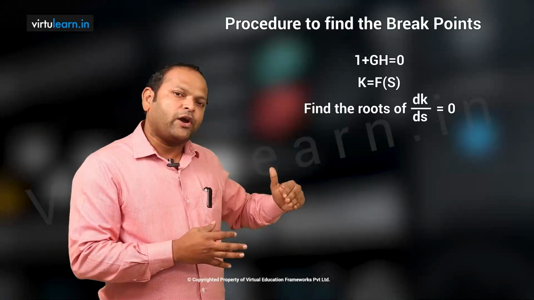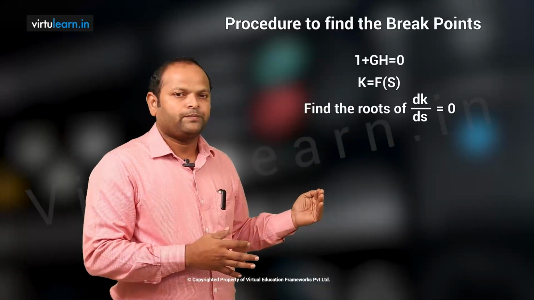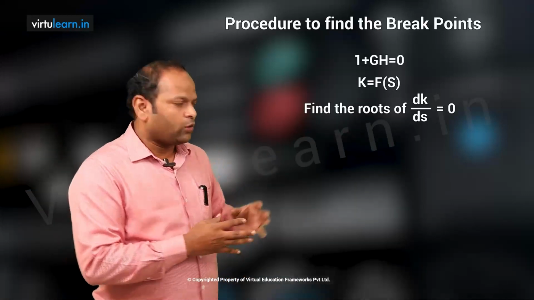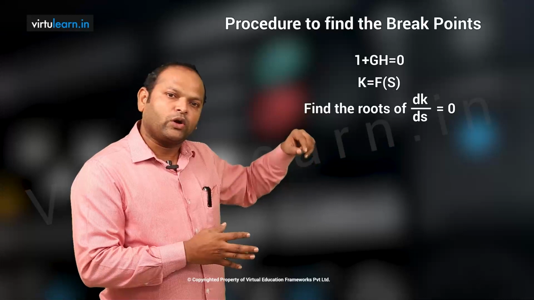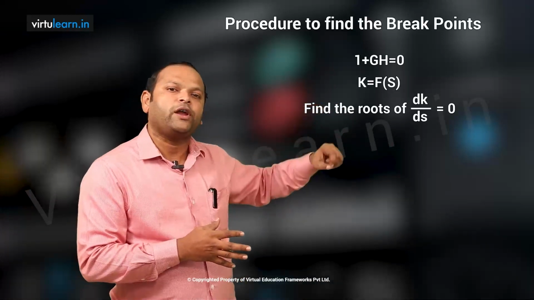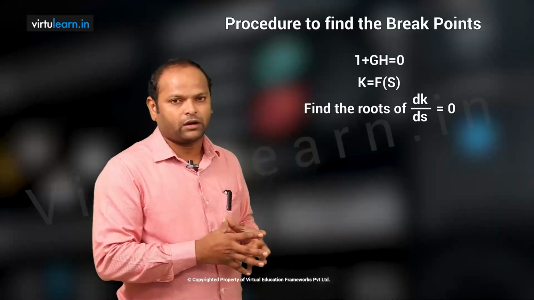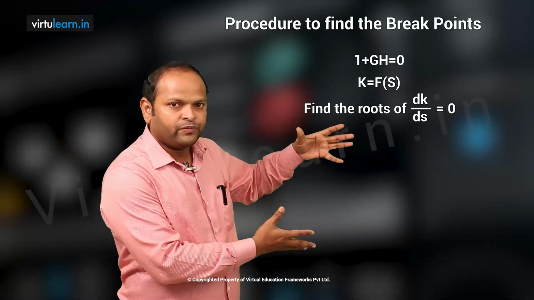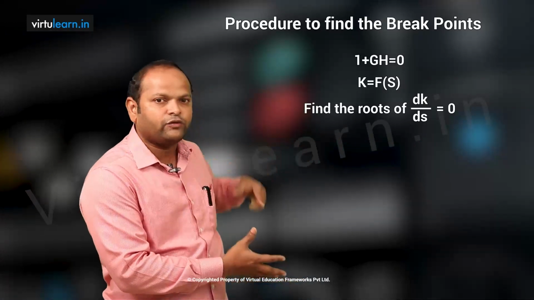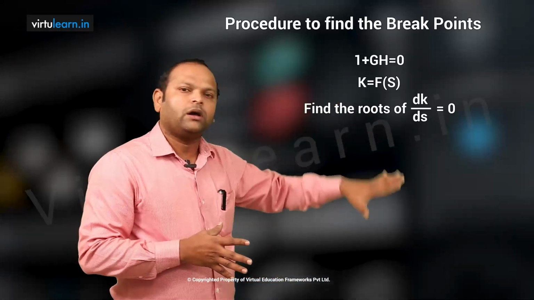If the breakpoints are real points, then it is very easy. Locate the points in the s-plane and see whether that point is on the root locus area or not. For any given problem, first we take the poles and zeros and identify the root locus area on the real axis.